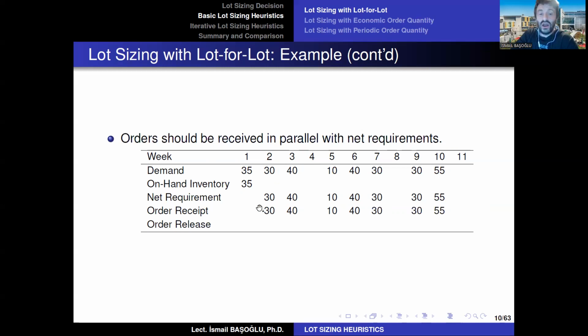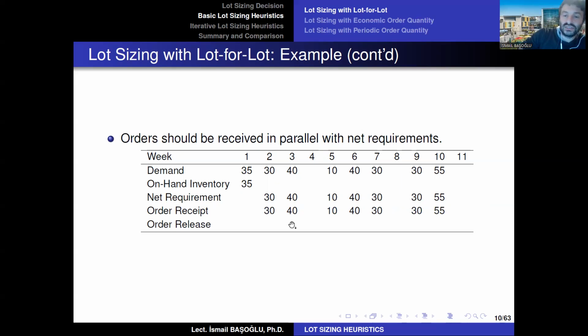So we are going to plan order receipts at exact net requirements regarding that period, which will force us to plan another order receipt whenever we have a positive net requirement in the following weeks. Now, in the fourth period, we do not have any demand, therefore we do not have any net requirement, therefore we do not plan any order receipt.